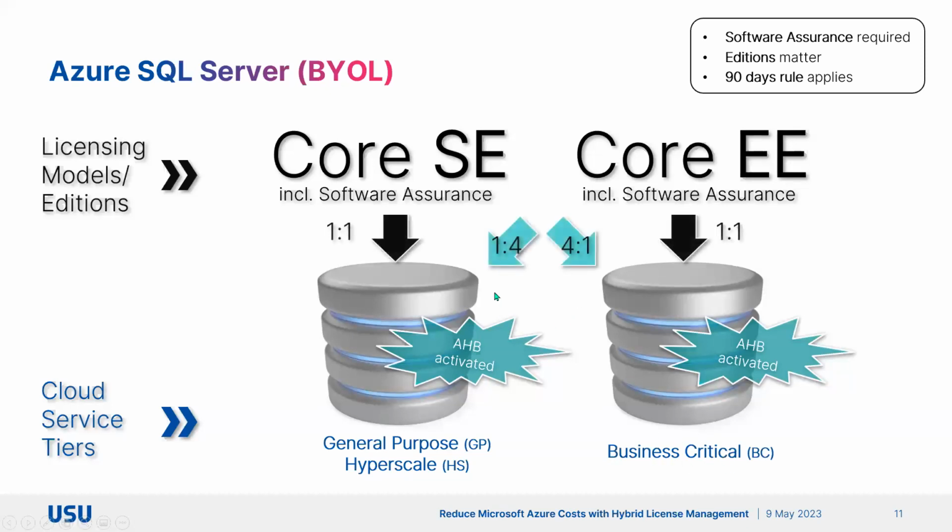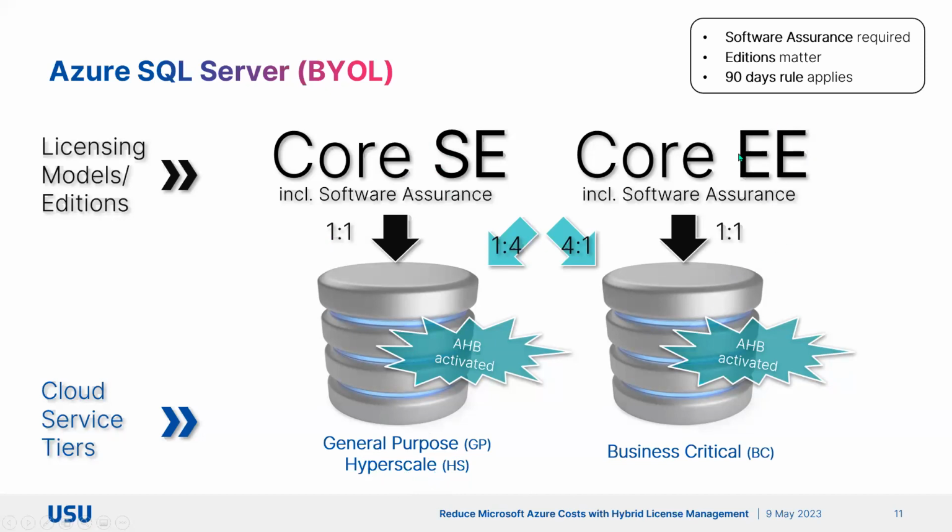And now the rules. So if you have such a database here, general purpose or hyperscale, and you activate Hybrid Benefit, then it's 1-to-1. So one core license standard covers one cloud core of such a database.